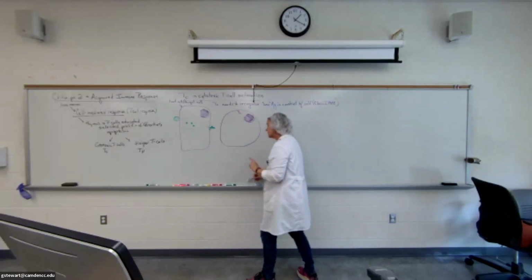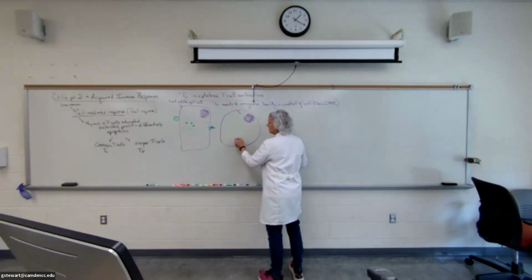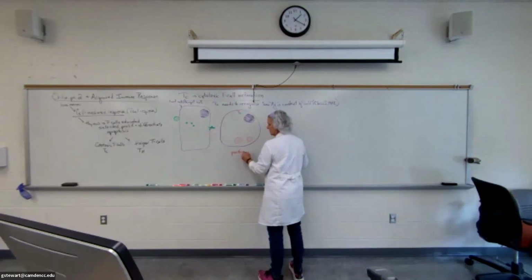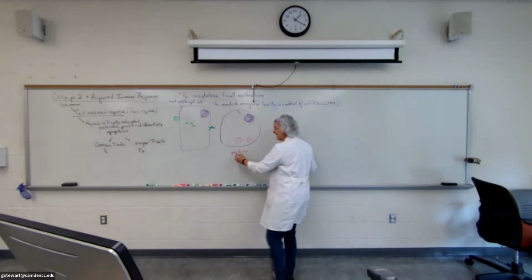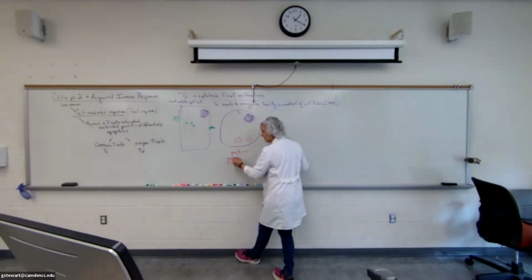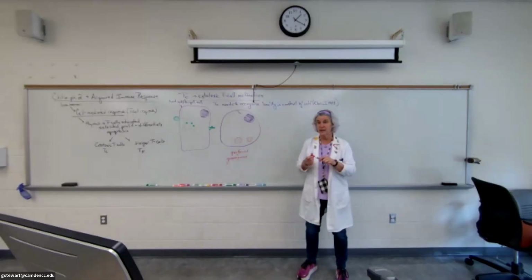And remember, it's a cytotoxic T cell because it's going to have some compartments that are filled with granules, enzymes, proteases, and we refer to these particles as perforins because they perforate the phospholipid bilayer, and granzymes because they are granular, like the granulocytes.